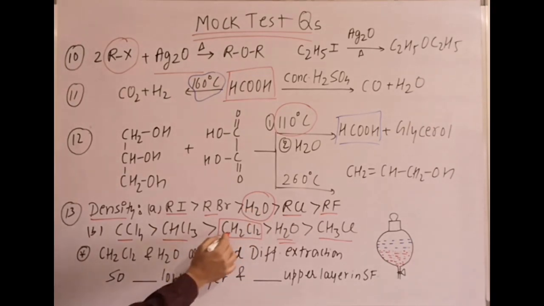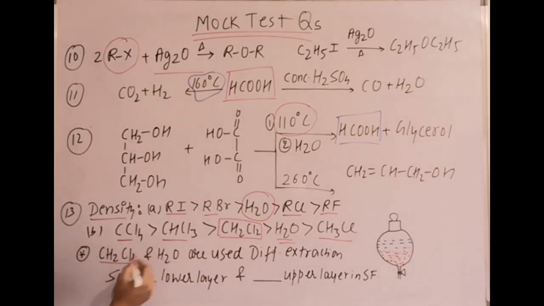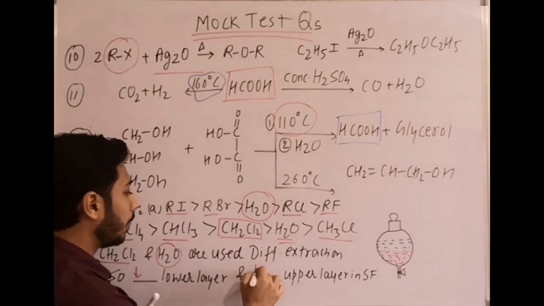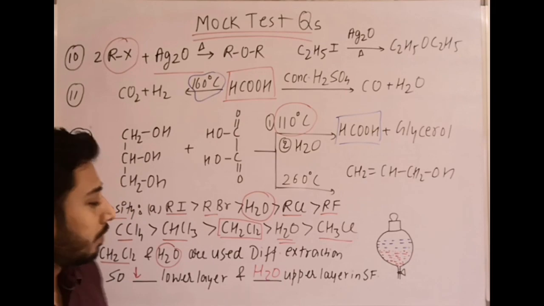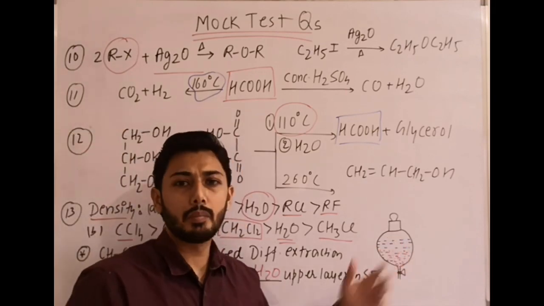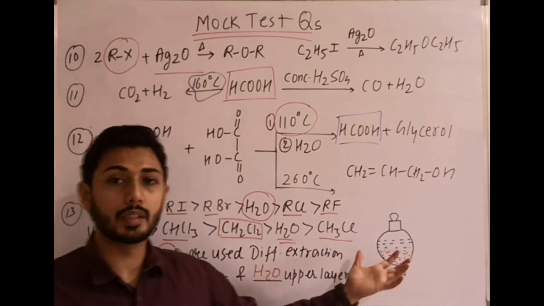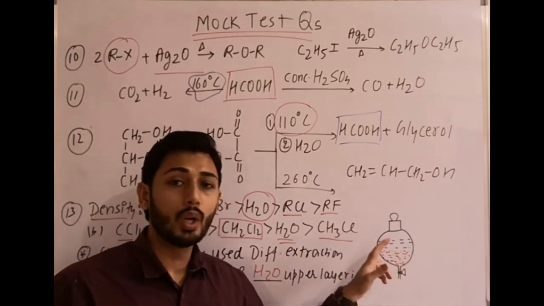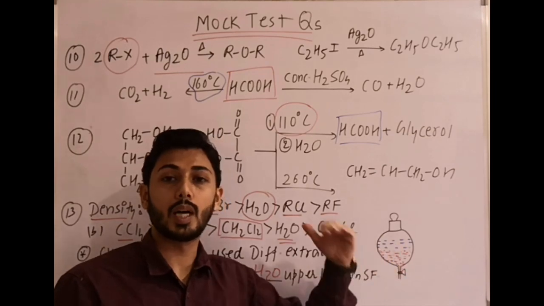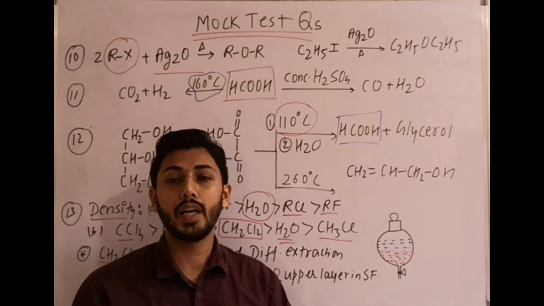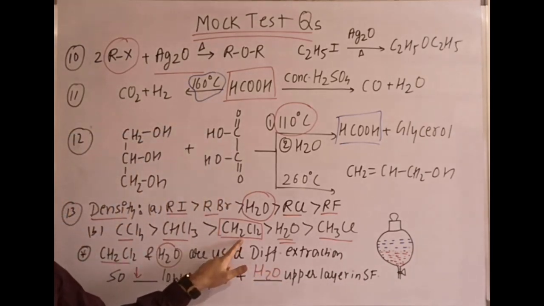So we can use this information: CH2Cl2 is denser, so it will be in the lower part, and H2O in the upper part of the separating funnel. I have marked it in blue, which may not be visible since I am making this video from a mobile camera. Blue is water, the upper layer, and red is the different layer, the denser part, here dichloromethane.